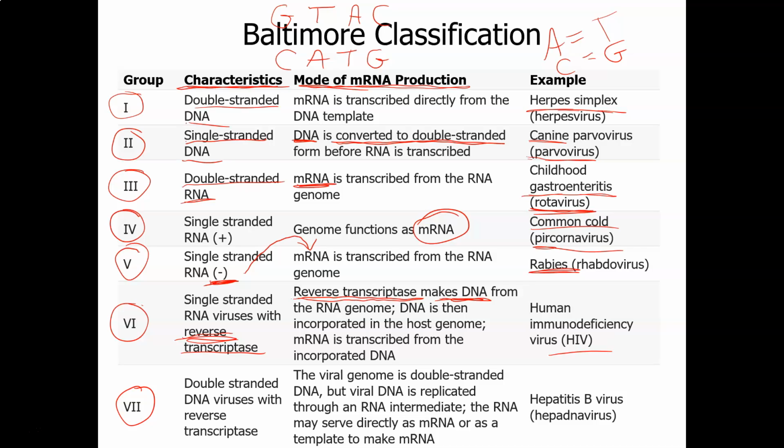Group 7 virus is a double-stranded DNA virus with reverse transcriptase. And this one is very strange. It's kind of difficult to understand. But even though the virus has a double-stranded DNA molecule, it does not go directly into transcription.